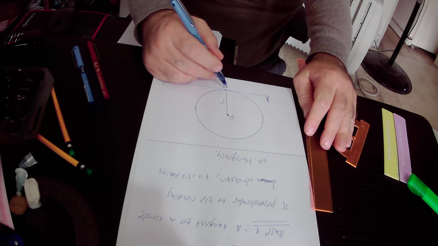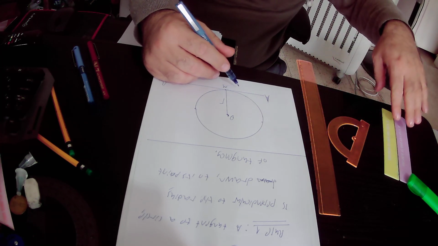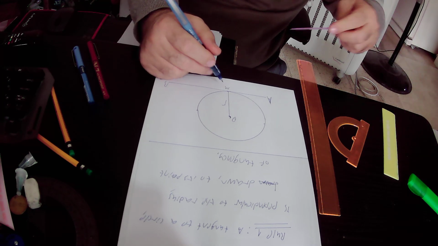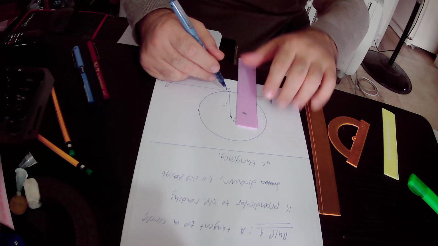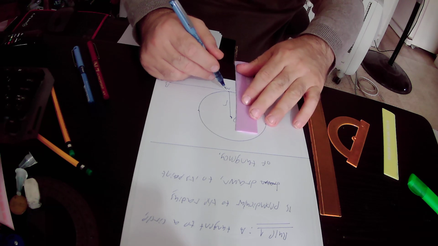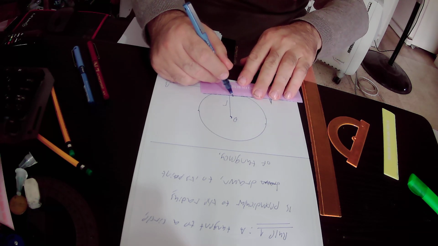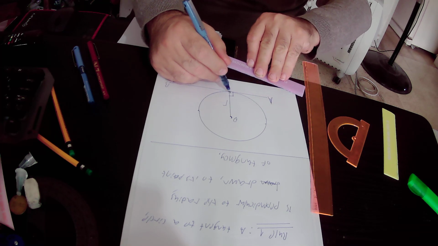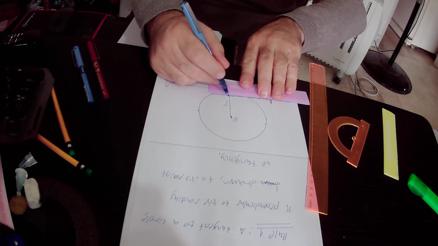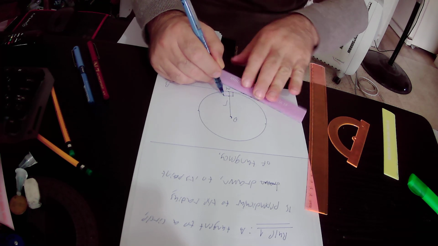Therefore this tangent AB is perpendicular to this radius, that is to say this angle equals 90 degrees. This angle equals 90 degrees, and this angle also equals 90 degrees.